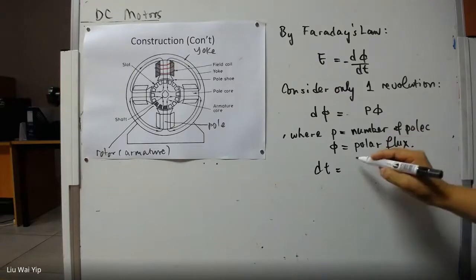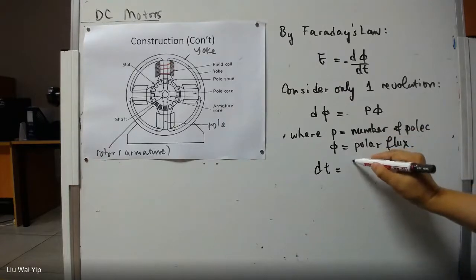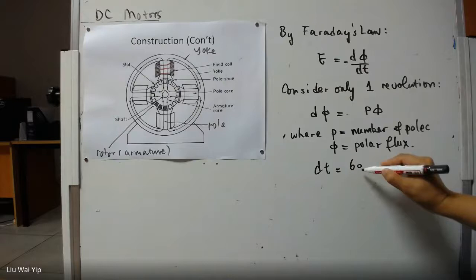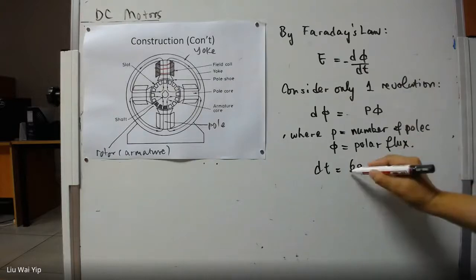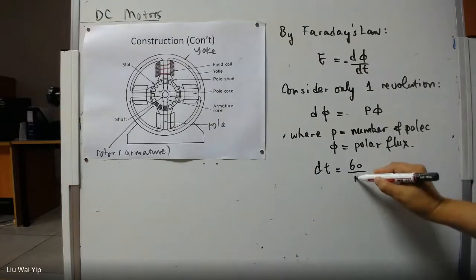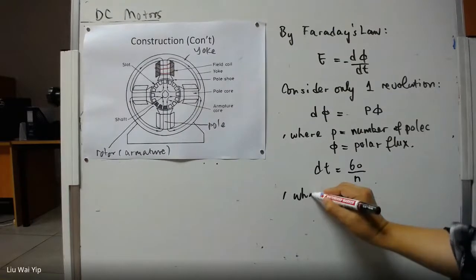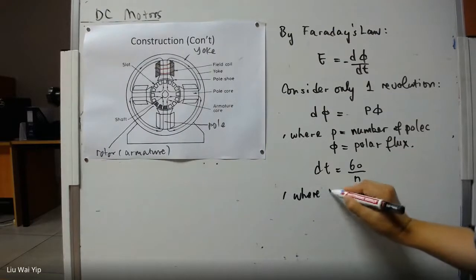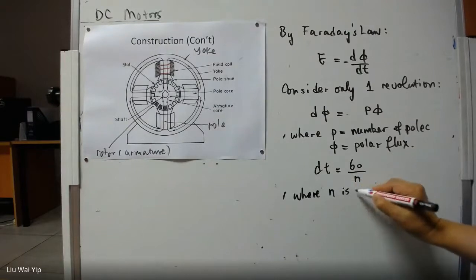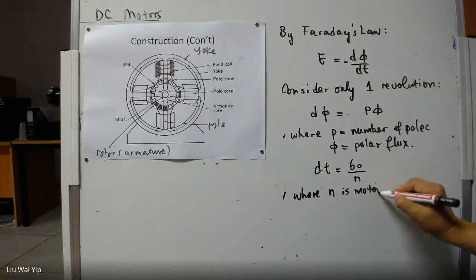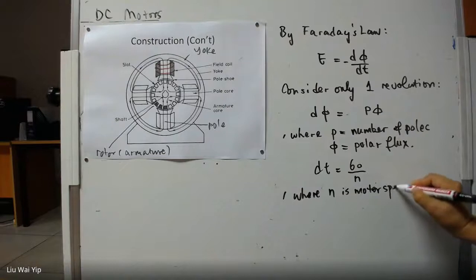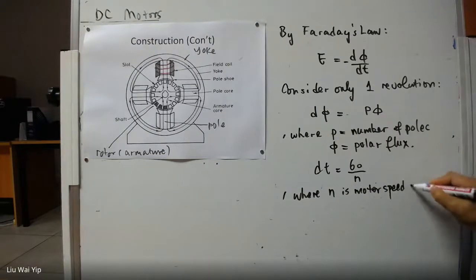Then the amount of time taken for one revolution is 60 divided by n, where n is the motor speed in RPM.